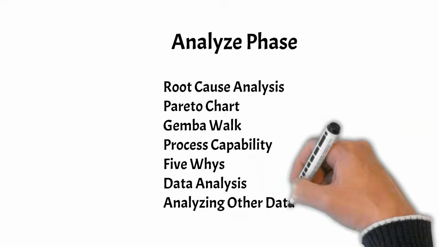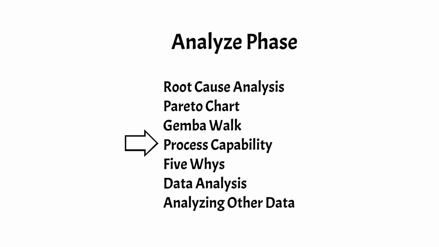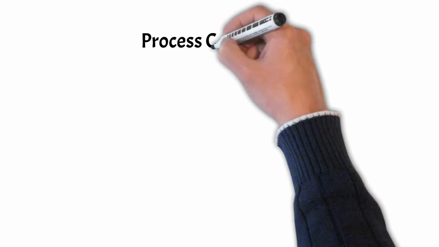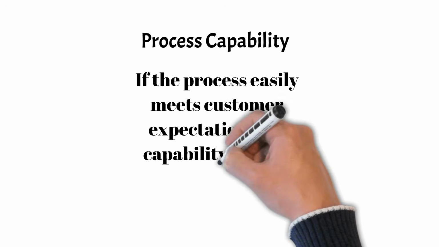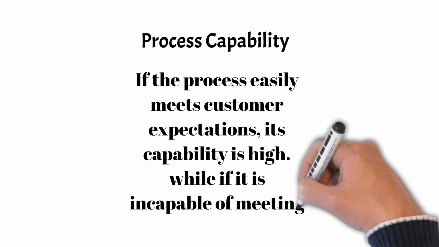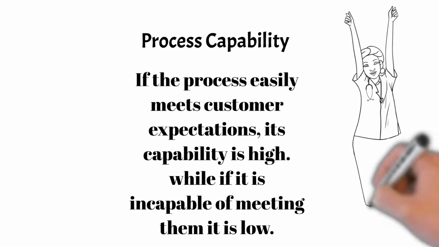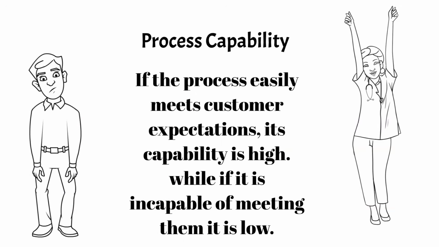Process capability. The concept of process capability compares what the customer expects to the capabilities of the process. If the process easily meets customer expectations, its capability is high, while if it is incapable of meeting them, it is low.